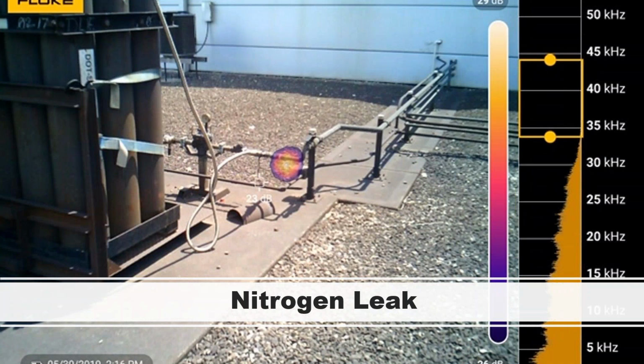Going back, here's a nitrogen leak. Guess what? Somebody's paying a company for tank loads of nitrogen. And what are they doing? They're just leaking it off into the atmosphere. We found similar leaks on oxygen tanks, argon and CO2 welding gas tanks.